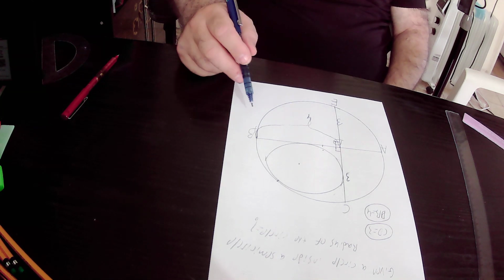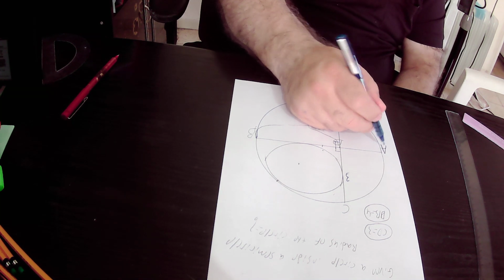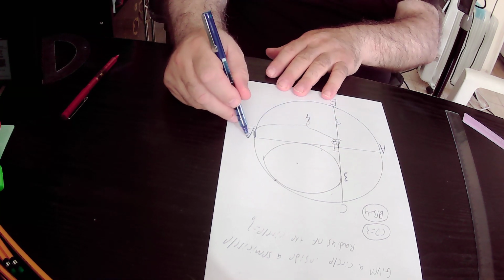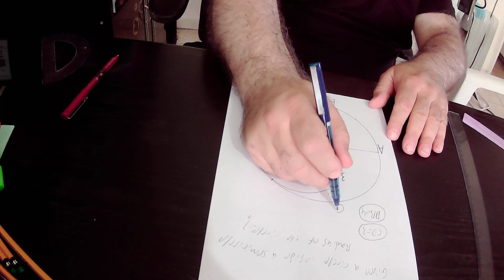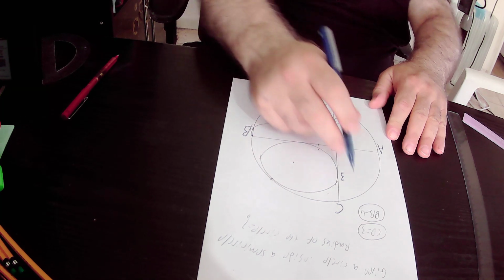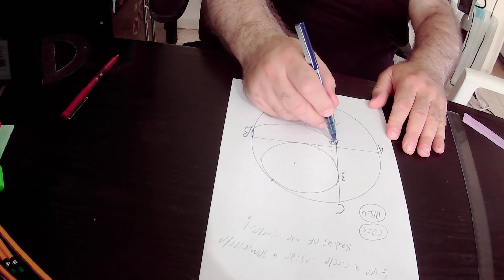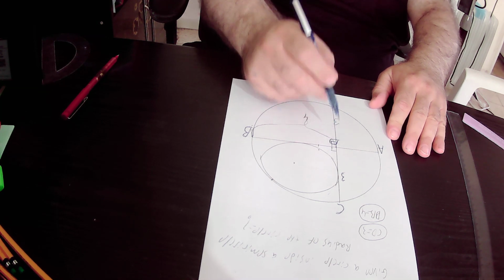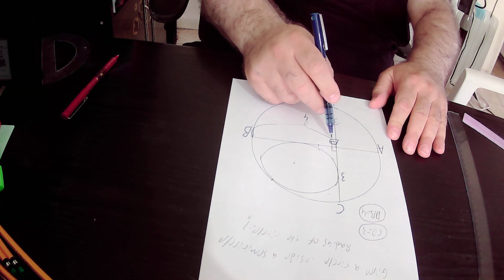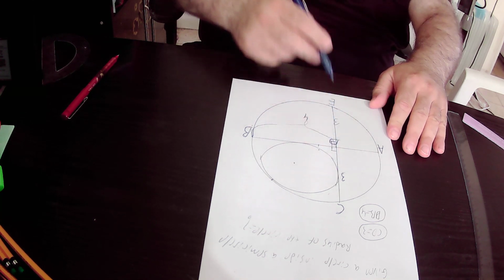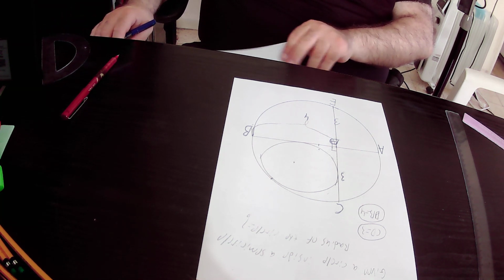This is chord AB that intersects with chord CE at point D. Point D is the intersection point of chord AB with chord CE. So I write it down in our original drawing.